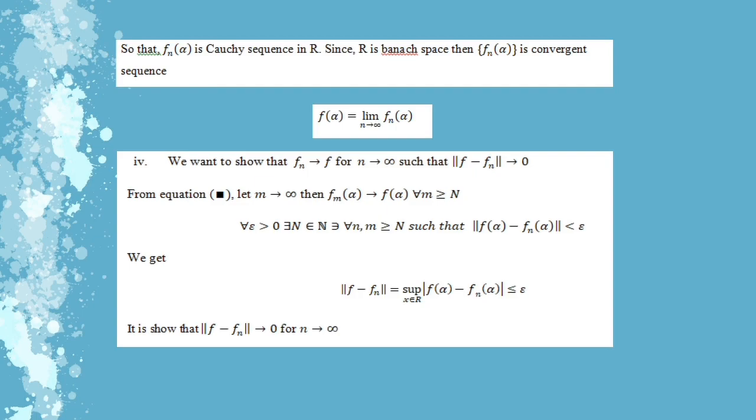It is shown that the norm of f minus f_n converges to 0 as n approaches infinity.